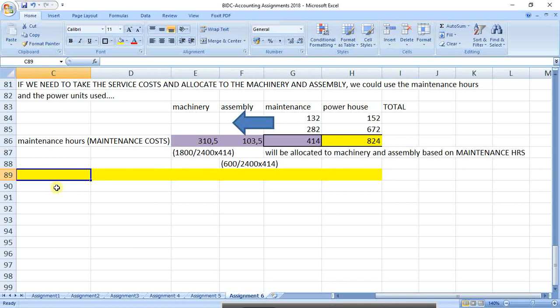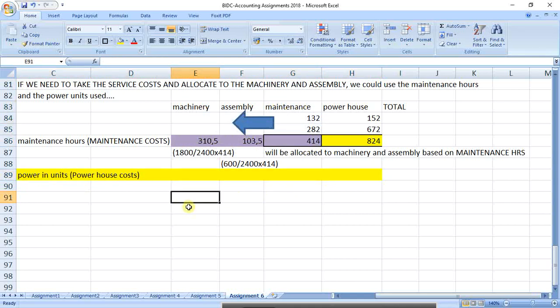Okay, so power in units. What are we allocating? We're allocating the powerhouse costs. Alright, so let's allocate the powerhouse costs to the maintenance, assembly, and machine.